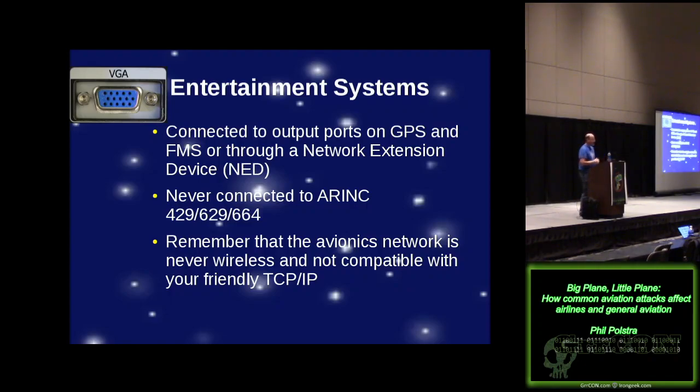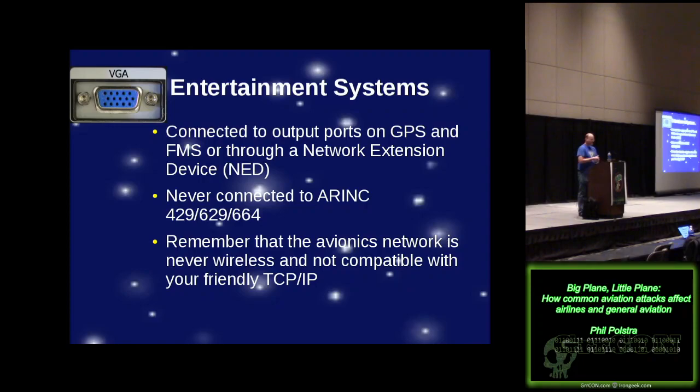Okay, real quick, entertainment systems. So you've got an entertainment system, and what's a common component in these entertainment systems? You want the little screens, like here's the map of your flight, here's where you're at, here's how long that's going to take, here's how fast you're going, all that other stuff, right? So where are you going to get that? Well, there's a couple places you can get that information.